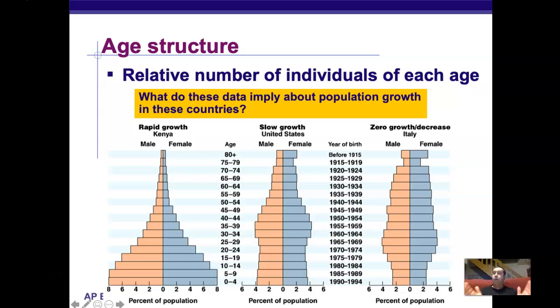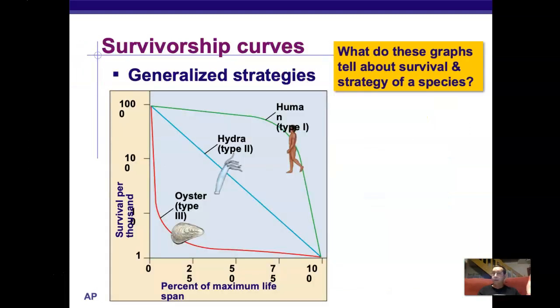And so there's fewer individuals to replace those that are dying off. So this is kind of the key part of the graphs that you want to look at when you're doing predictions. Okay. There's our reproductive in the red, pre-reproductive in the green, and then the post-reproductive.